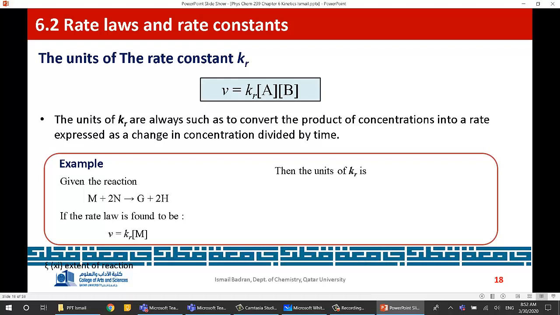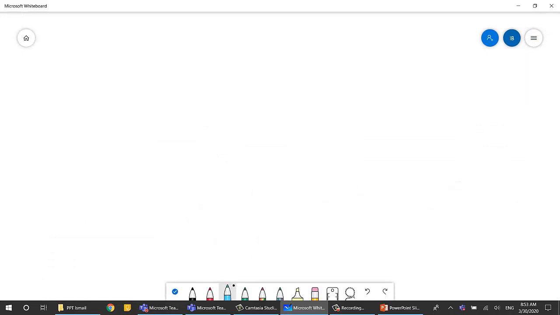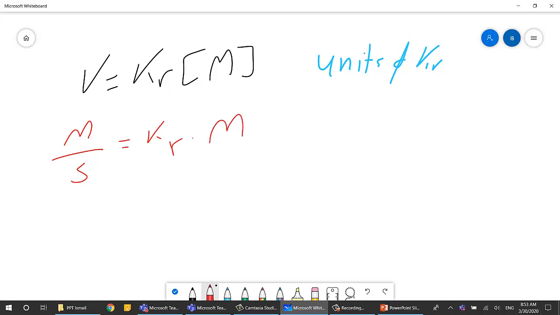The question says, what are the units of Kr? Well, that's very easy, because the rate is equal to Kr times M, right? Well, I know the units of V, the rate is always molar per second, that does not change. This equals Kr times the concentration. Now what are the units of concentration? It's molar, isn't it?